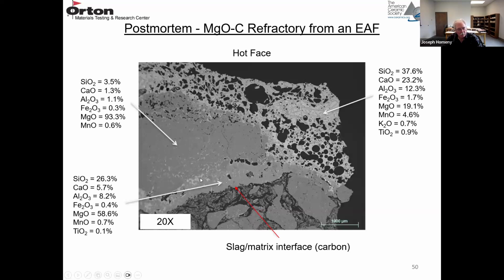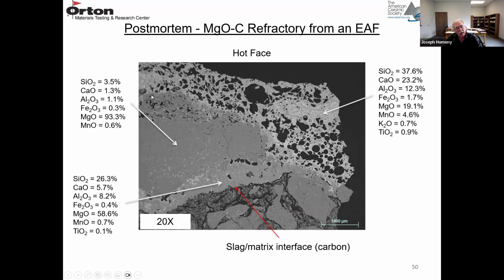And then this corroded layer where you're attacking the matrix, there's silica, lime, alumina, and residual MgO, almost 58% MgO. So the slag has penetrated and reacted, and it's attacking the matrix, which is where all the flake graphite and residual carbon is and the fines, but you still have your coarse MgO aggregates which are resisting corrosion.